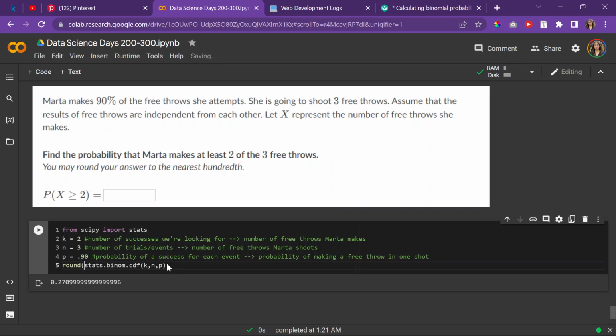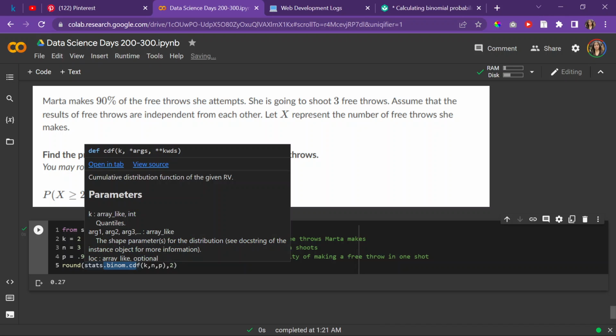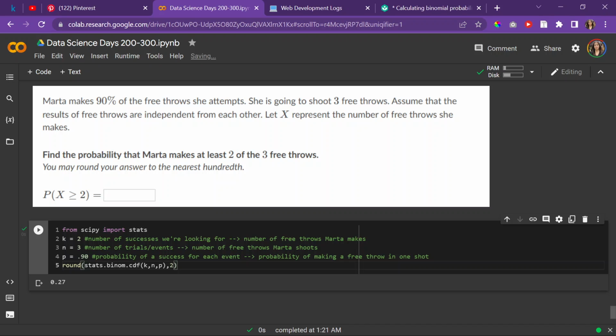And then there's one more thing we have to do. Notice that it says greater than. So in Python, there's a little caveat. Usually anything with CDF calculates the probability below or less than a certain point you put in, in this case 2.